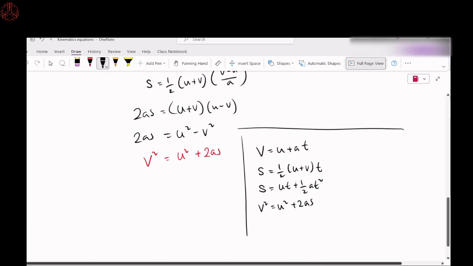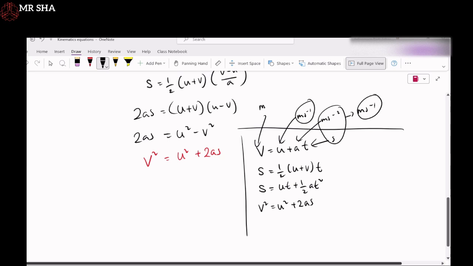Now, you can go ahead and check if it is dimensionally consistent. This is ms^-1, this is ms^-2, this is s, these two combine to be ms^-1, these two have the same units, and therefore my v will have units of ms^-1.